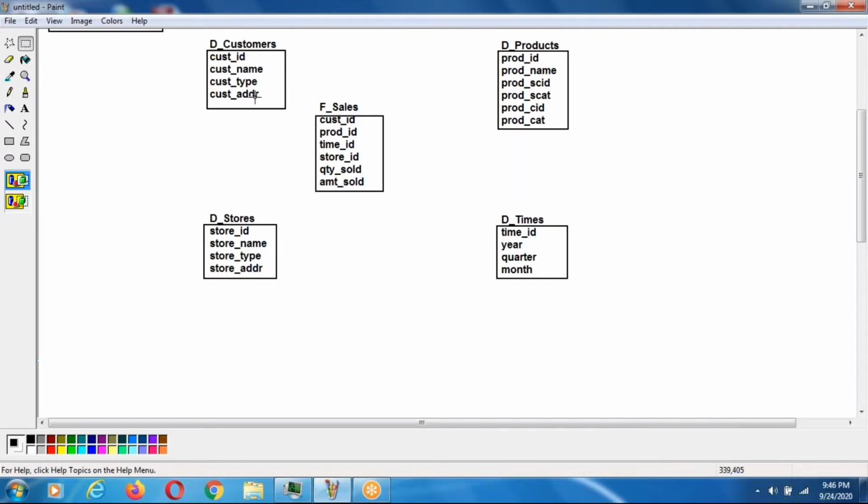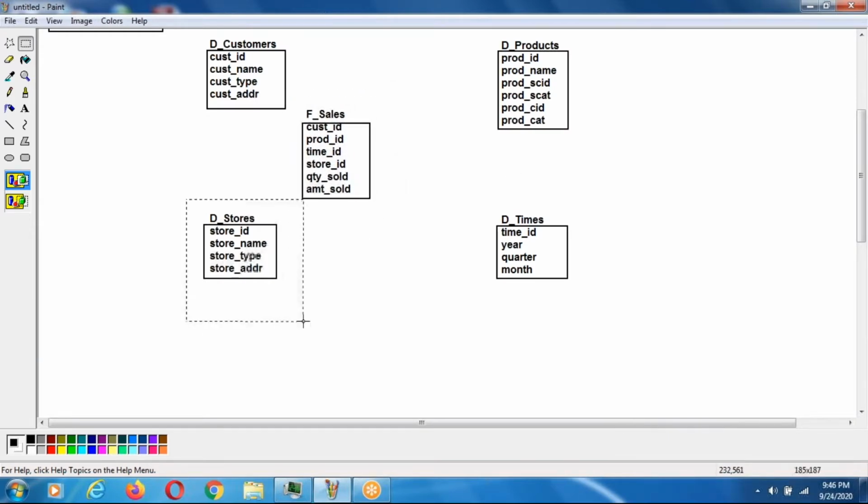So this type of model is called as star schema.